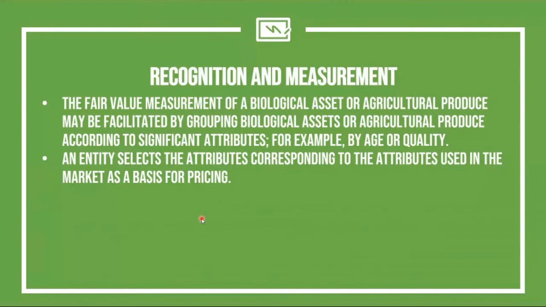Because the different ages will provide you with a different fair value, since it depends on the maturity and on the quality. Usually, a certain age will provide you with a better quality. Similarly, for biological assets that are measured lower than a year.